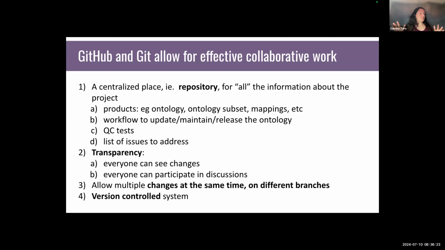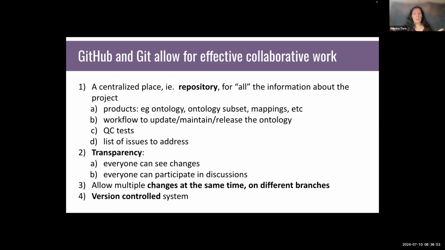So most or almost all the ontology repositories that you will find for OBO are open to everybody, and everybody can comment and participate in them. Using GitHub, you have transparency to see what changes are happening and who is participating in those changes and reviews. And as I mentioned, changes can happen at the same time on different branches.